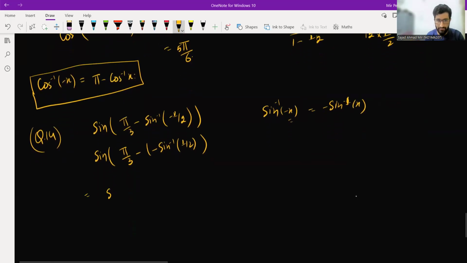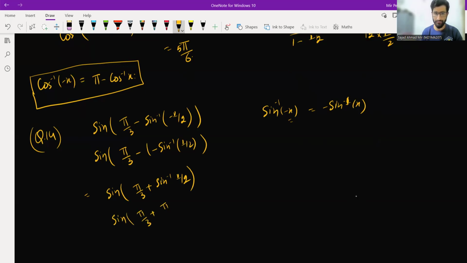So this is sine of pi by 3 plus sine inverse of 1 by 2. Now we know that this will be sine of pi by 3 plus pi by 6.